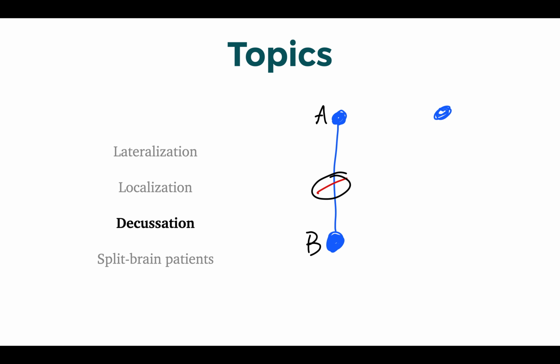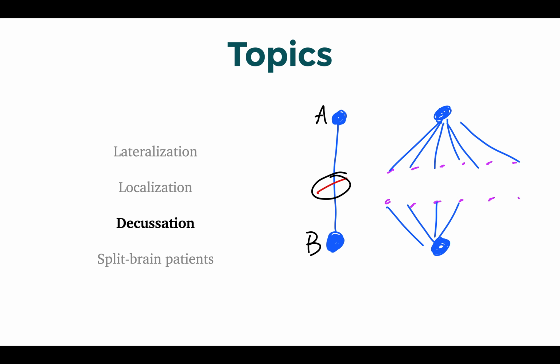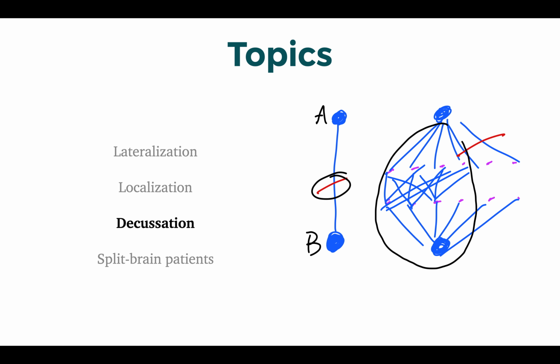So what happens now if I have point A and point B, but along the way we've got some other rest stops for the information, right? And we have things connected to all of those, and these guys are connected to each other like this, right? It gets all crazy. So now what happens when I've got damage? Well, I still have potentially a whole portion of network here that can make up for this damage.